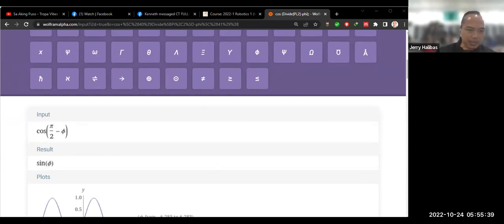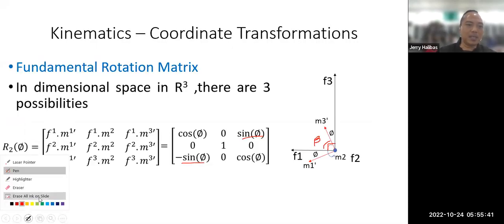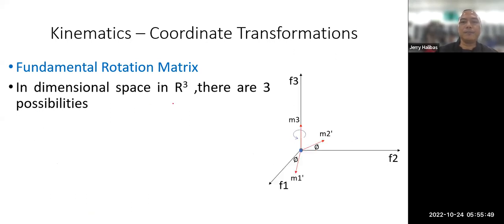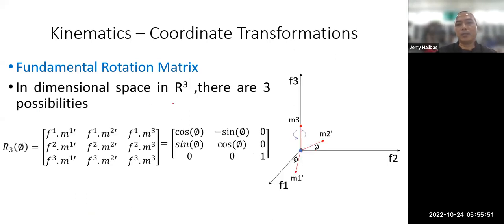Okay, so if there are questions, I will try to study them. But don't you worry, it is in your assignment. We will get the negatives. Okay? So the same is true if you're going to rotate this along M3. Those are just the values. Okay, I won't elaborate. It just goes back and forth: cosine, negative sine, sine, cosine.